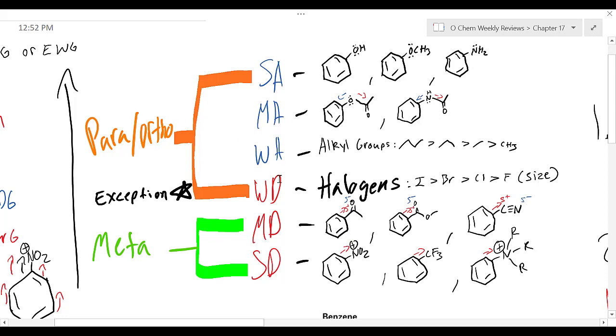The reason a deactivator is a para and ortho director is that halogens are the exception to this rule. Regardless of the fact that halogens are electron withdrawing, they direct para and ortho. However, moderate deactivators and strong deactivators are still meta directors.